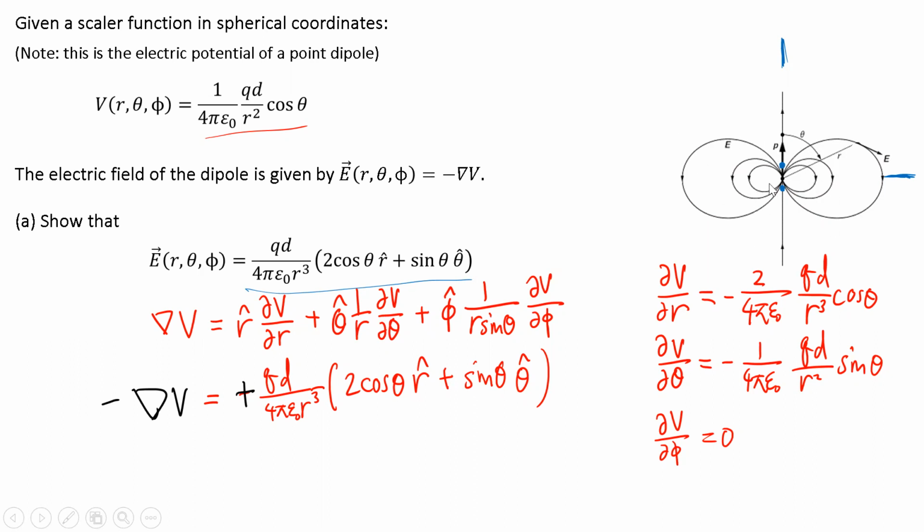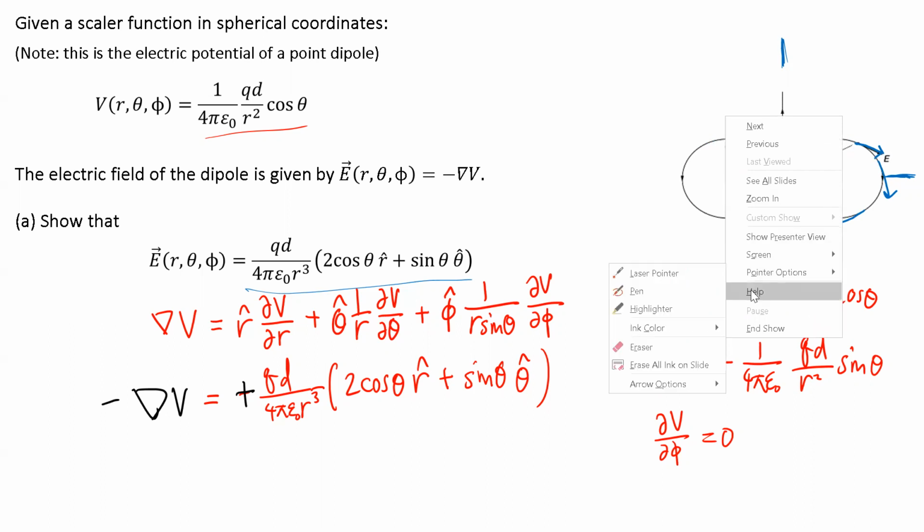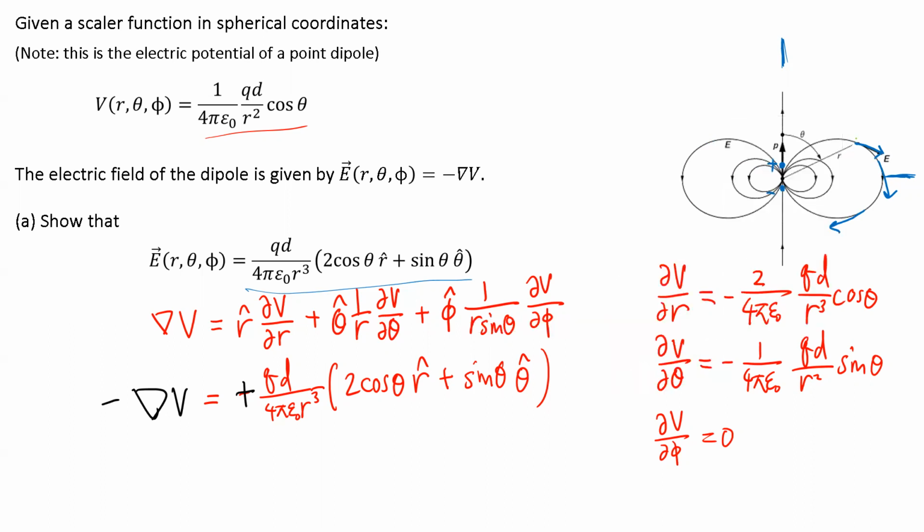Basically, you just imagine that you have a positive charge here and a negative charge here. At this point, for example, the E field points this way. If you are here, then the E field points this way. If here, the E field points this way. This E field will always have two components: one is the component along the r hat direction, and the other is the component along the theta hat direction.